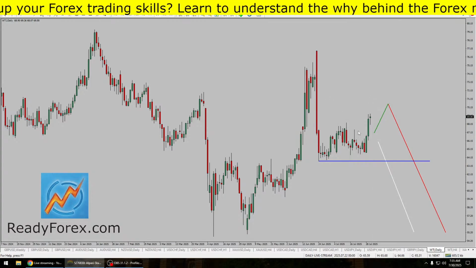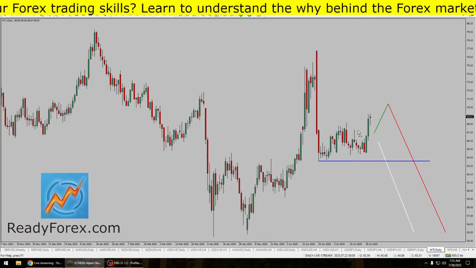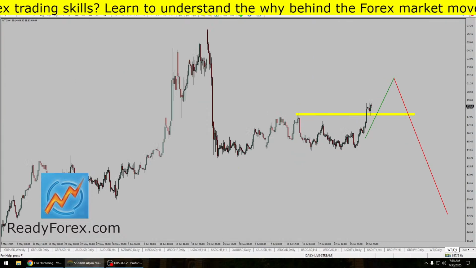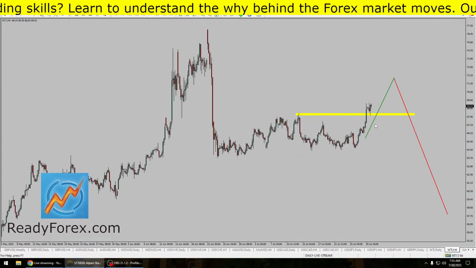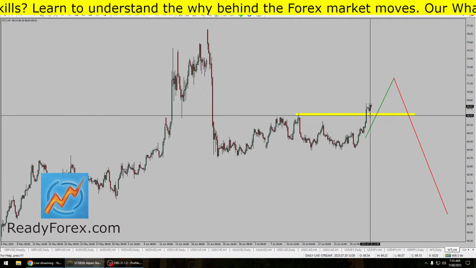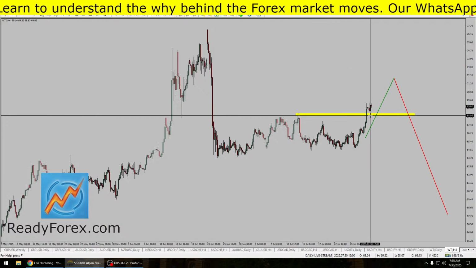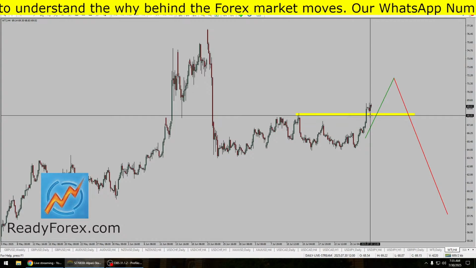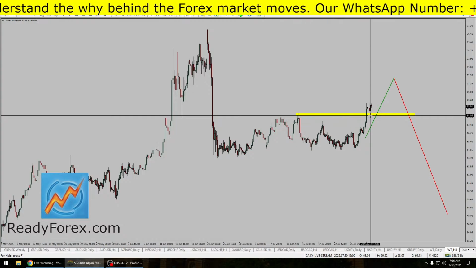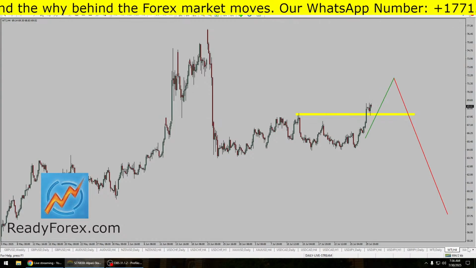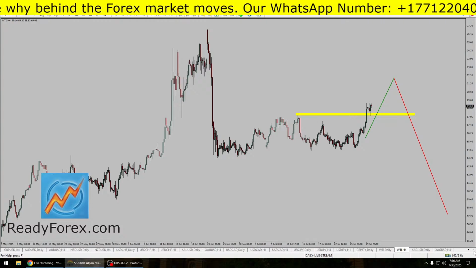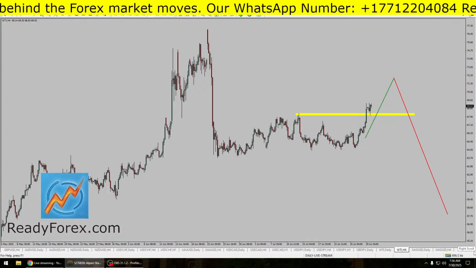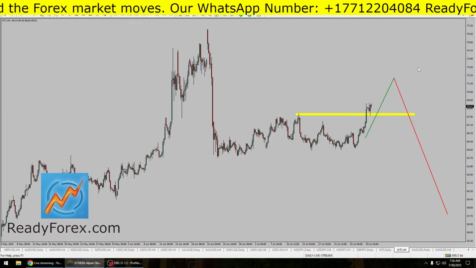The overall trend is down in the higher time frame, but within these higher time frames we get the pullback. Right now we got a retest of this broken resistance level, which is now acting as a support area. So for WTI crude oil, I think the market is going to rise up more, then expect a top and a drop.